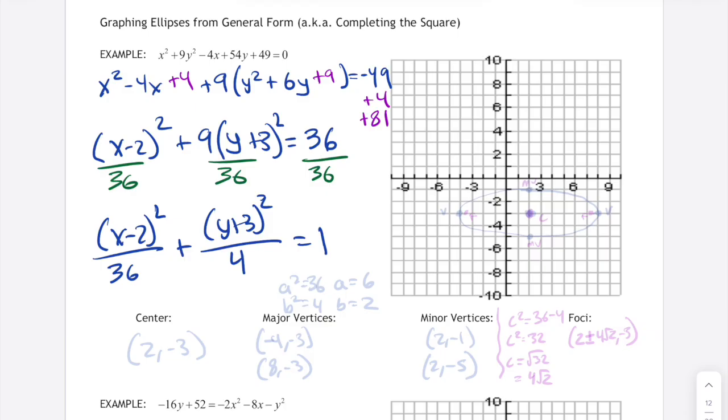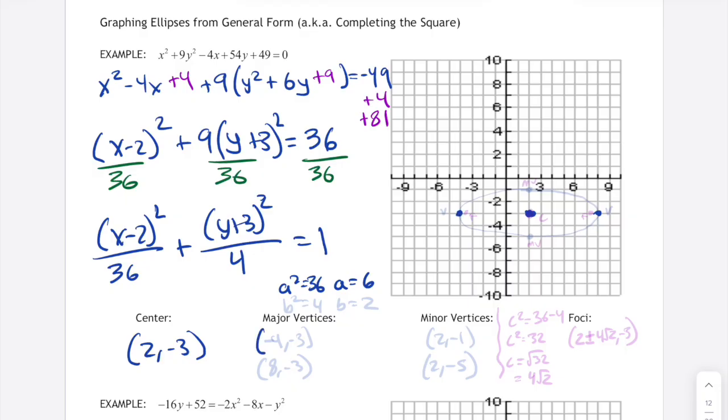So we can mark our center, 2, negative 3. I know my a squared equals 36, so my a equals 6, and that's under x, so I'm going to go 6 units right. 1, 2, 3, 4, 5, 6. 6 left. 1, 2, 3, 4, 5, 6.